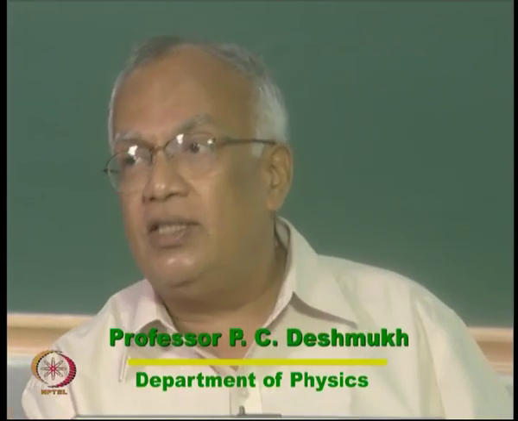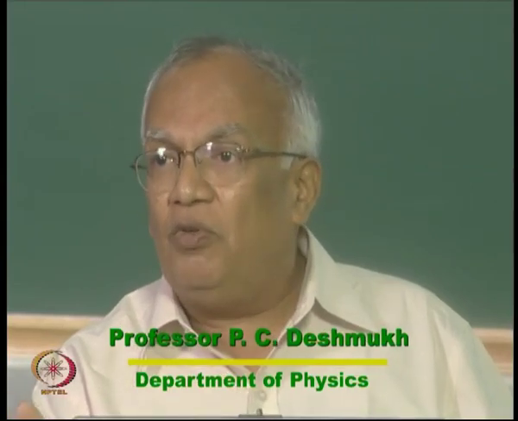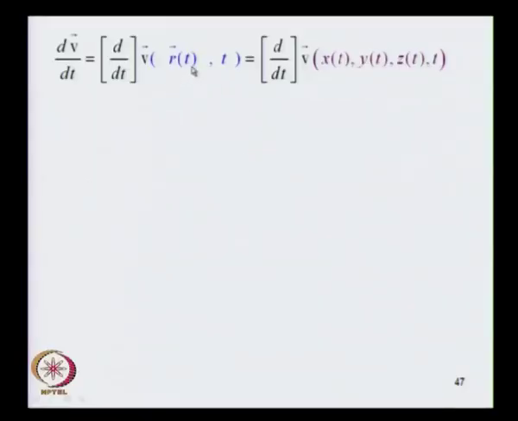So, there would be no velocity to talk about. So, obviously, it would be an explicit function of time. So, here you are talking about a quantity which has both an explicit dependence on time from this parameter and an implicit dependence on time from here, and this position vector can be written as a function of 3 degrees of freedom, which in Cartesian geometry would be x, y and z.